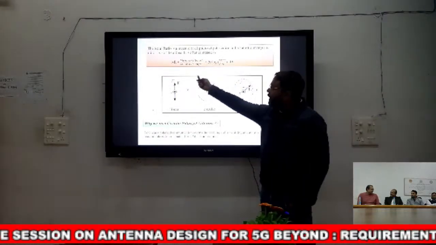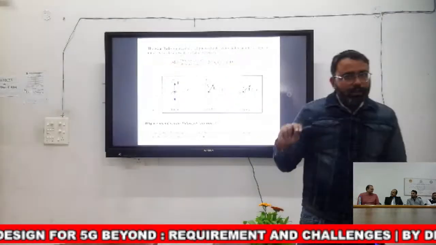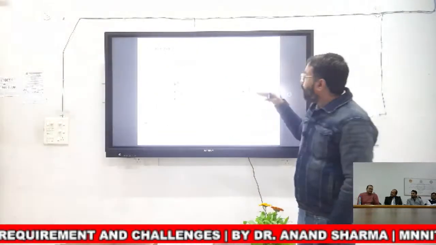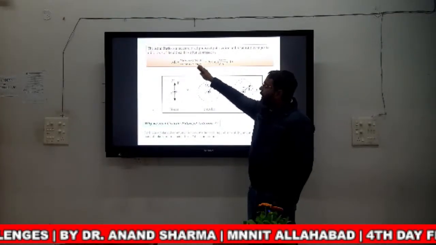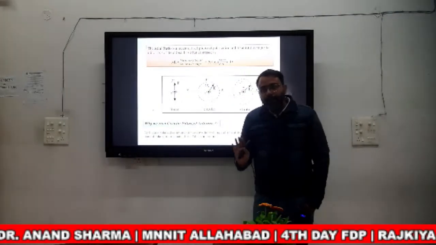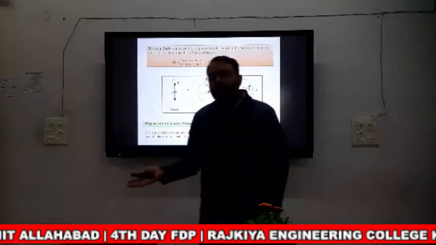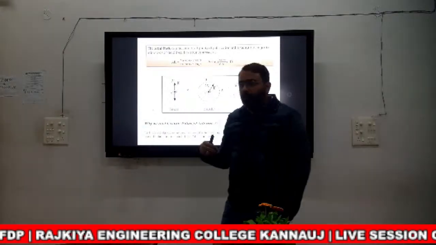We are using the term axial ratio to find out whether the structure is circularly polarized or not. Suppose the major and minor axes, that is Ex and Ey, are equal; then only you will get an axial ratio equal to 1, or 0 dB, and only then is the structure called circularly polarized.